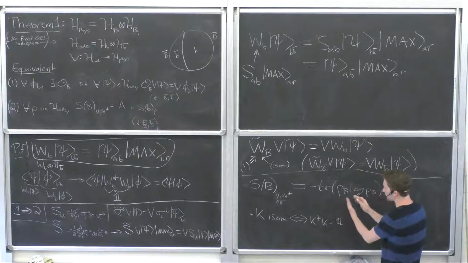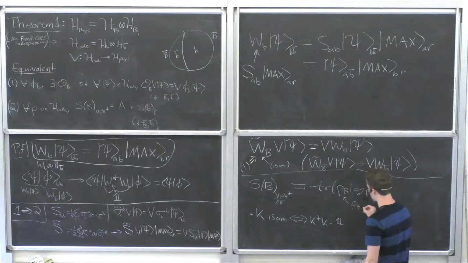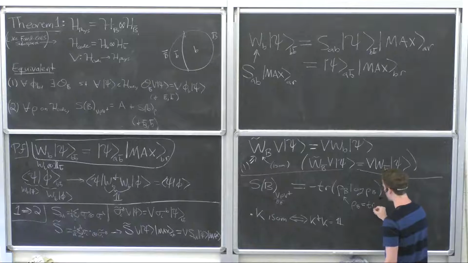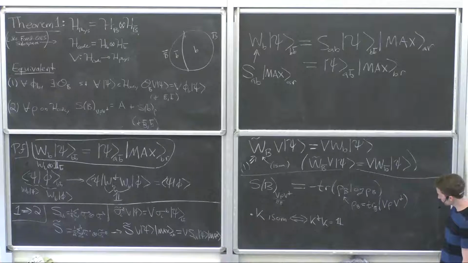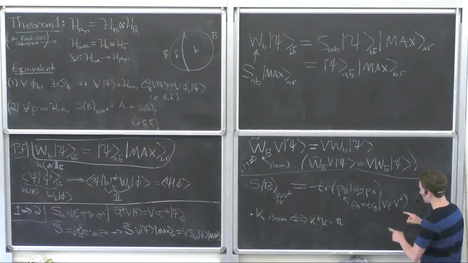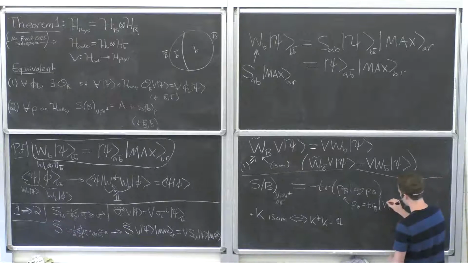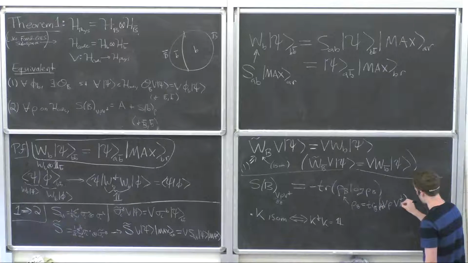It shows up here in rho B, because rho capital B equals the trace over B bar of V rho V dagger. And if we're acting some K on B bar, what does that mean? That means that we're inserting here some K on B bar and some K dagger on B bar.